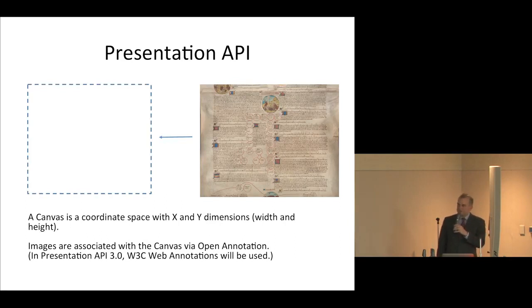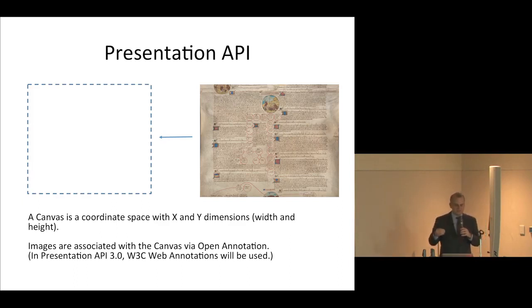Another central concept of the presentation API is that of the canvas. The canvas is a blank area, and the images to be displayed in that particular canvas are associated with it via annotation. In the presentation API 2, we use the open annotation specification.